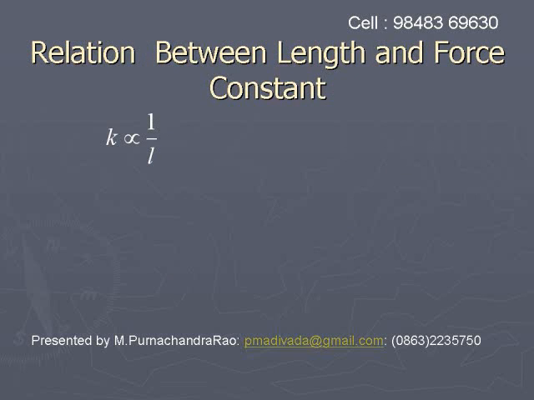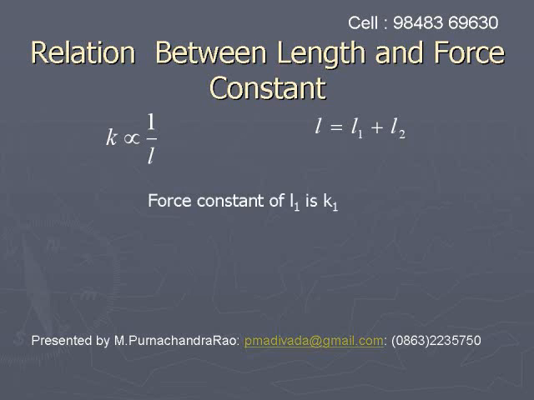Now the relation between force constant and length of the spring. We know that the force constant is inversely proportional to the length. So K is proportional to 1 by L. If we divide the spring into two parts whose lengths are L1 and L2, then L is equal to L1 plus L2.